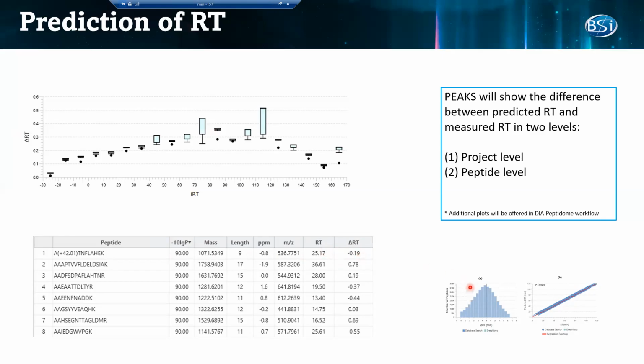In the peptidome workflow, we also offer this histogram to show the delta RT and the regression line, to help you see whether the result differs if it's found by the DB search or by the DeepNovo search. And if it's timsTOF data, here we also offer you the figure for the CCS value.